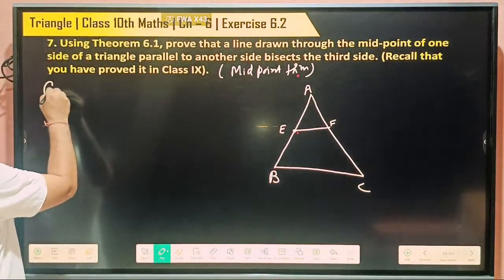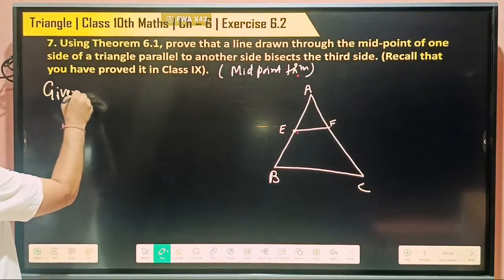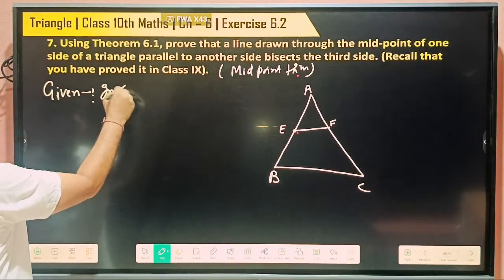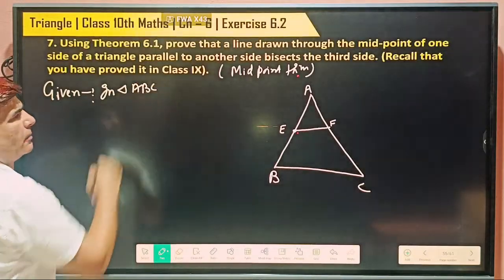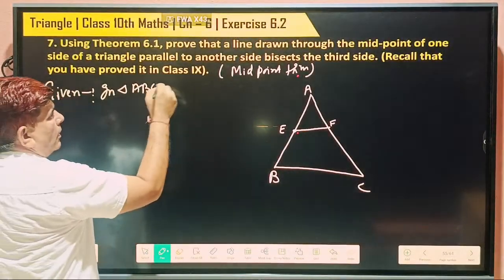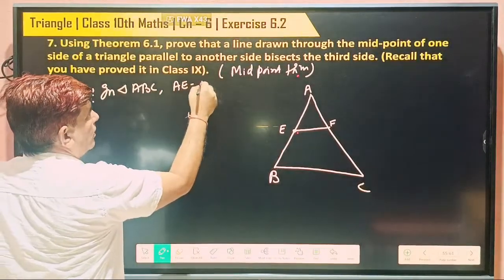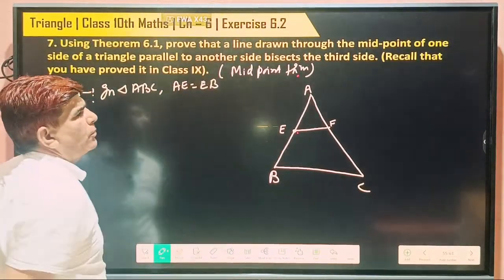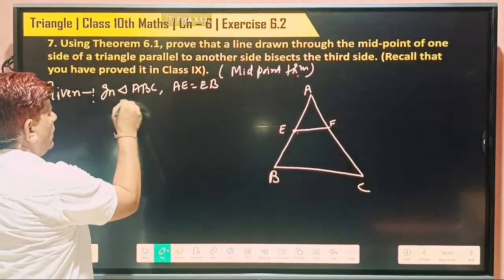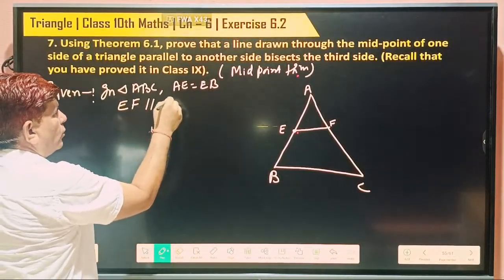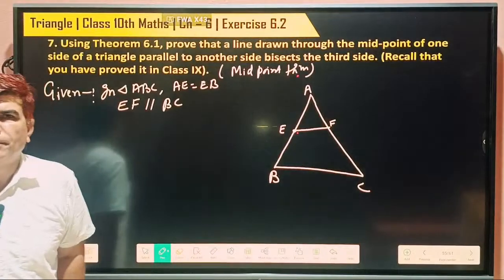First we write given. What's given? In triangle ABC, AE equals EB, E is the midpoint, and EF is parallel to BC. This is given to us.